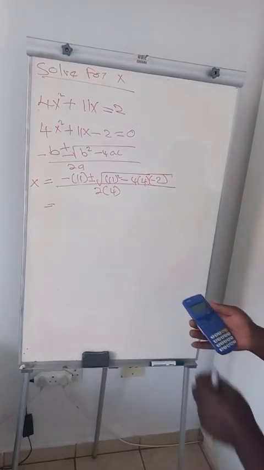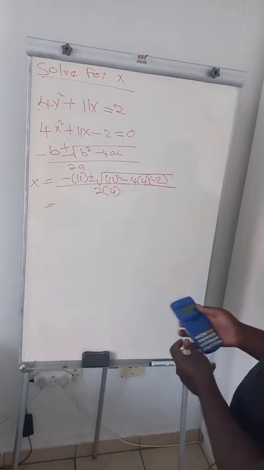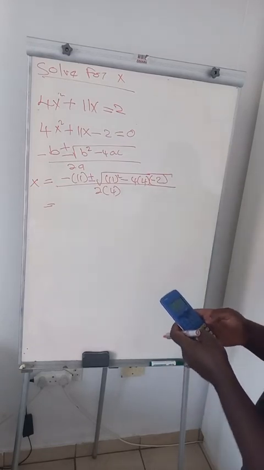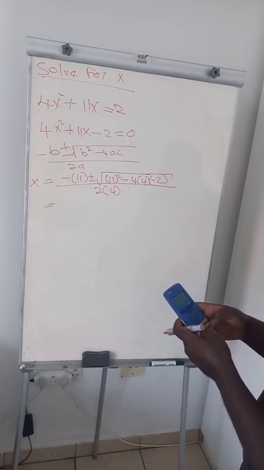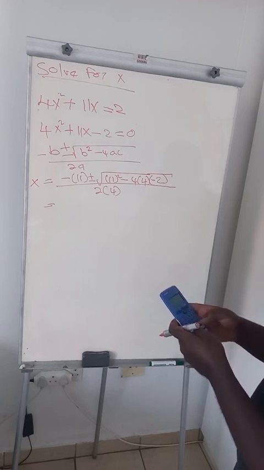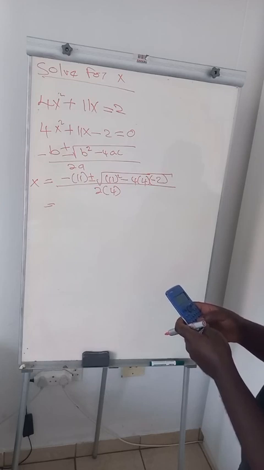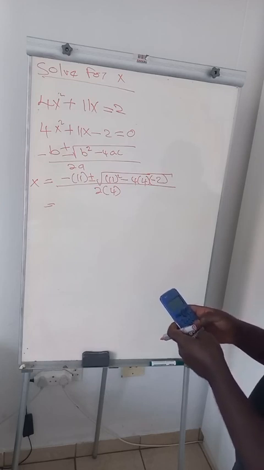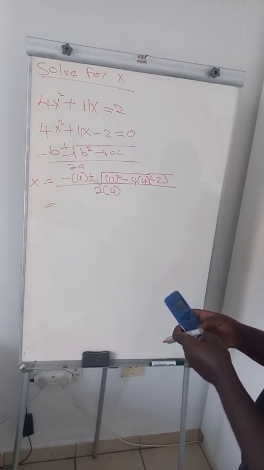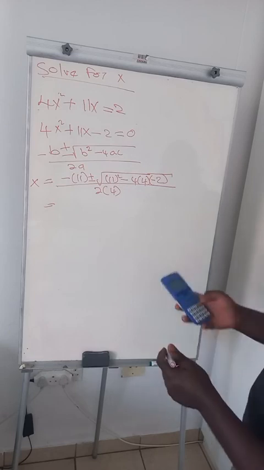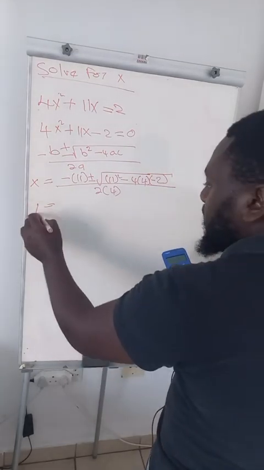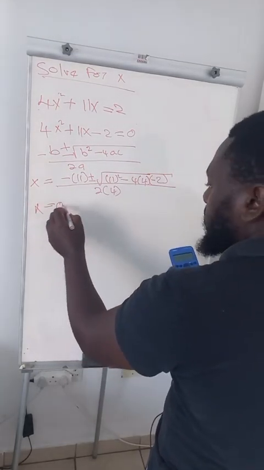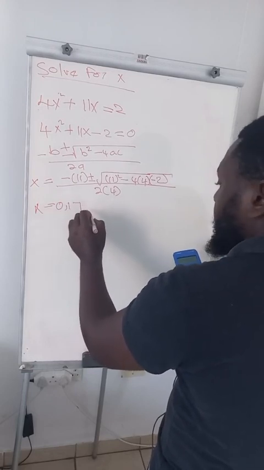So now, punch this into a calculator. You get negative 11 plus the square root of 11 squared minus 4 times a, where a is 4, times negative 2, divided by 2 times 4. So doing this, you get x is equal to 0.171.